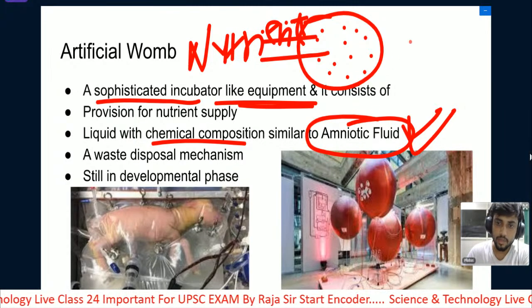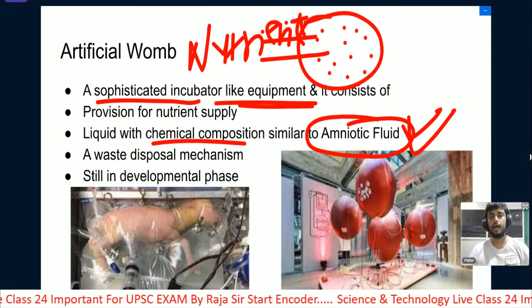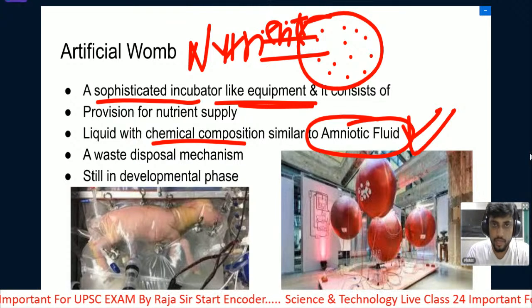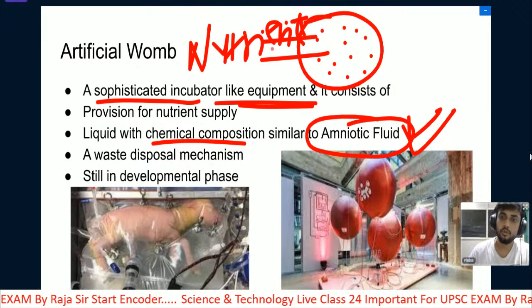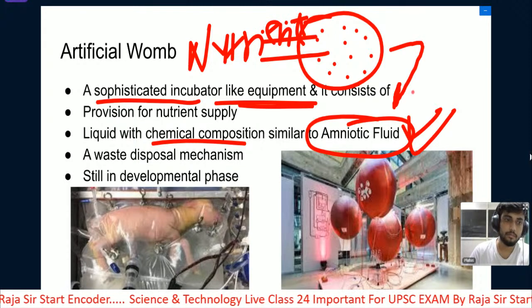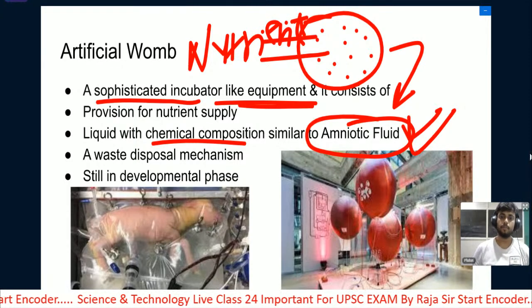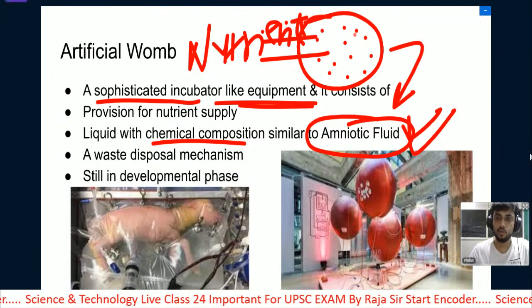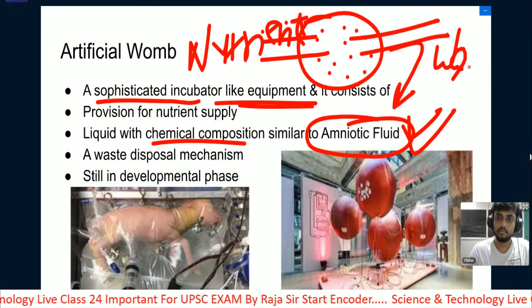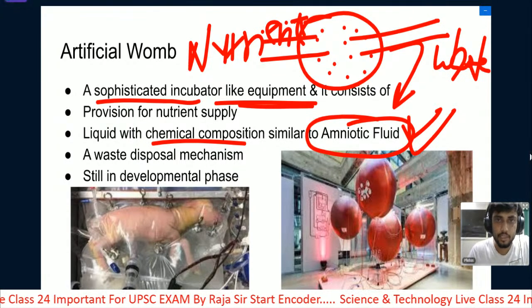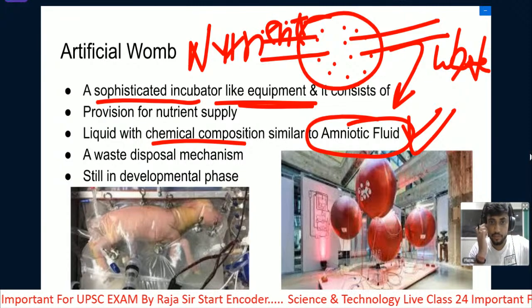So in the artificial womb, we are putting a liquid inside it which is similar in chemical composition to the amniotic fluid. Okay, and there is also a waste disposal mechanism for this artificial womb.